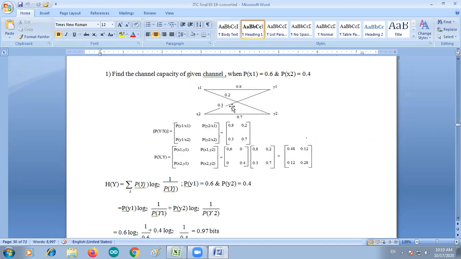That is equal to P11 means 0.8, P12 means 0.2, P21 is equal to 0.3, P22 is equal to 0.7. So you can arrange the channel matrix like this. That is multiplied with the Q1 and Q2. So initially you have to do the problem in the general process. The general process is to arrange the channel matrix.